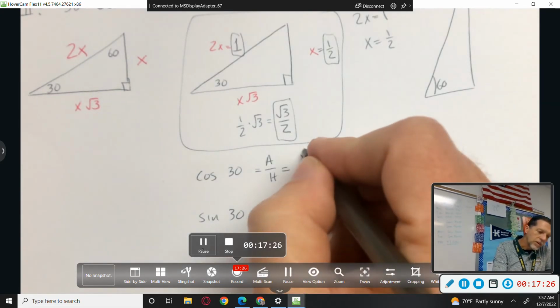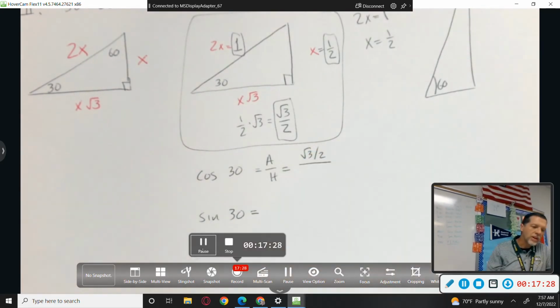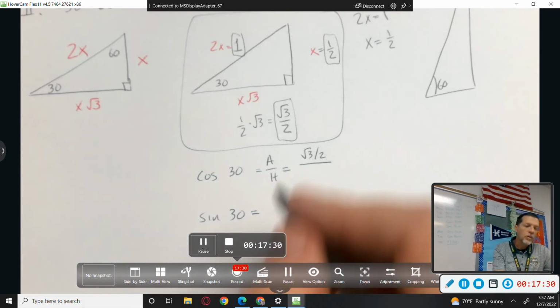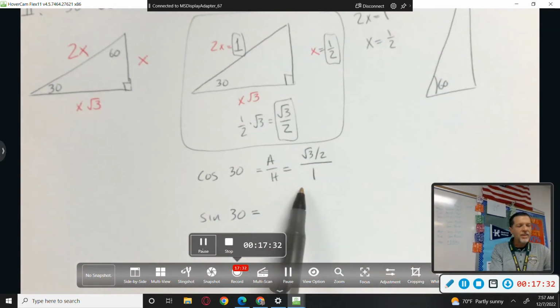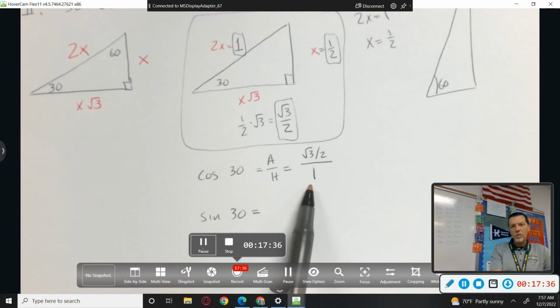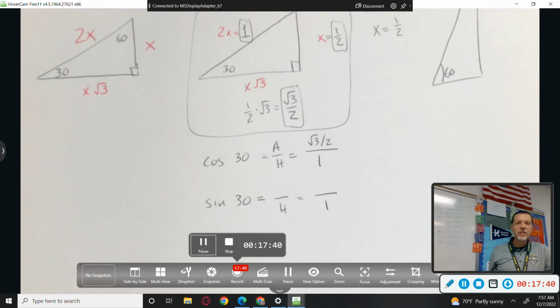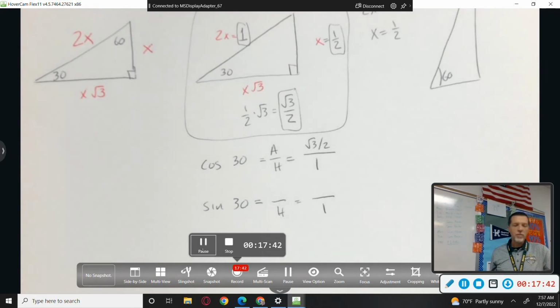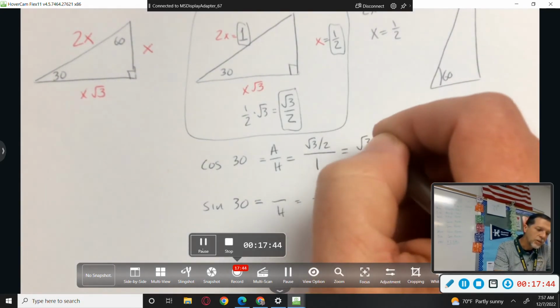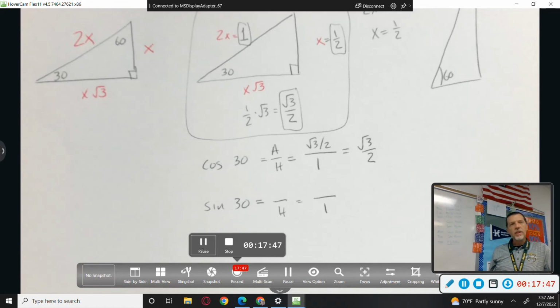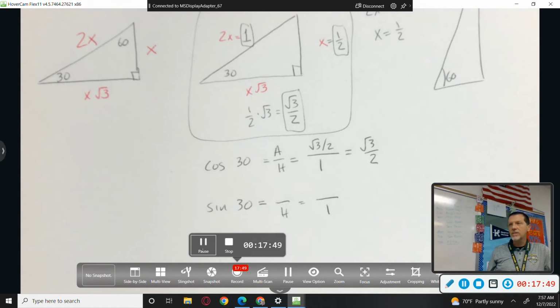Root 3 over 2. And what's the hypotenuse? 1. And that's what makes it nice: on the unit circle, all of the hypotenuses are 1. So all of your sines and cosines have a denominator of 1, which makes things a little easier to deal with. So the cosine of 30 is root 3 over 2.